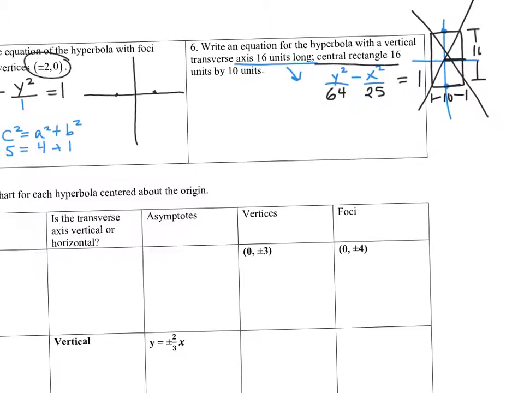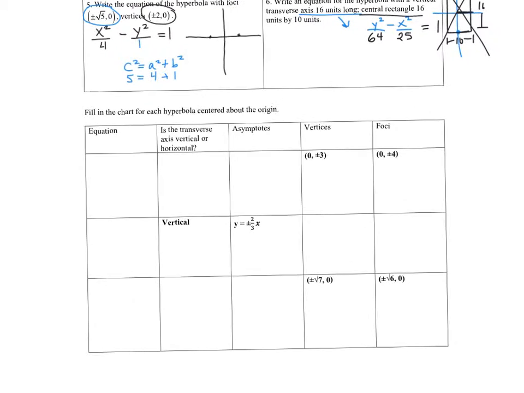Okay, down here, see if we can fill in the rest of this chart. If we know that the vertices are at 0, plus or minus 3, then this must be a vertical transverse axis. So in order to figure out the asymptotes, I need to figure out what my a and the b are. I know that my foci relationship is c squared equals a squared plus b squared.